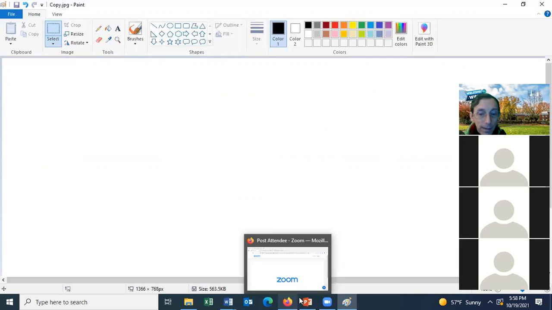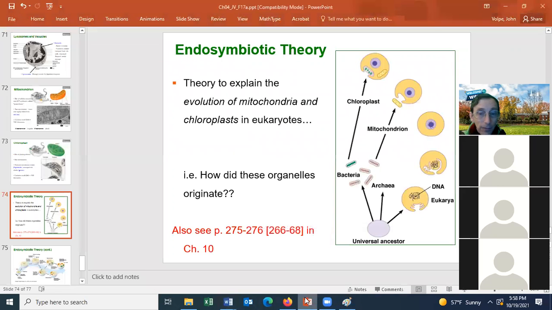The endosymbiotic theory is a theory to explain why eukaryotic cells have mitochondria and chloroplasts. And remember, chloroplasts are only found in the photosynthetic cells of photosynthetic organisms, meaning the green cells of a green plant or a green photosynthetic protist.